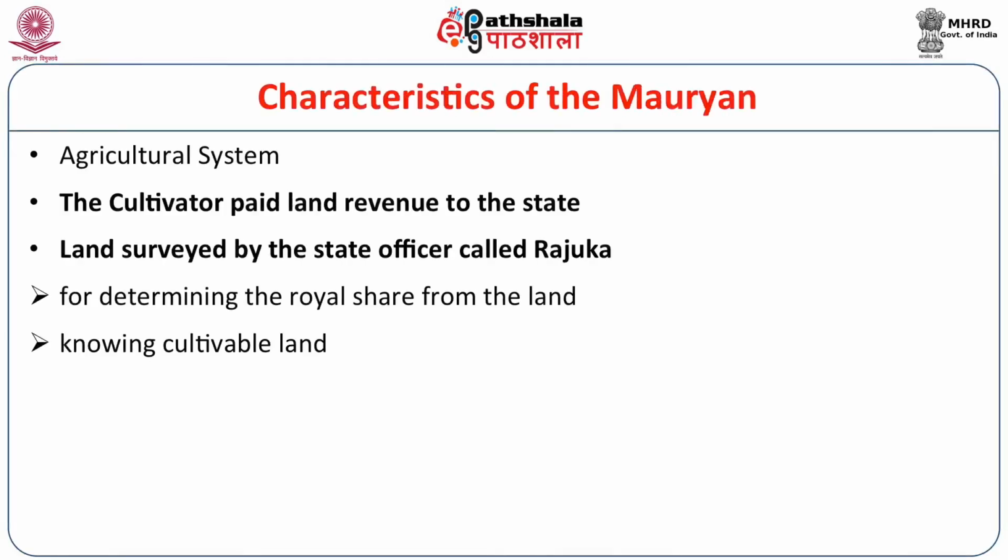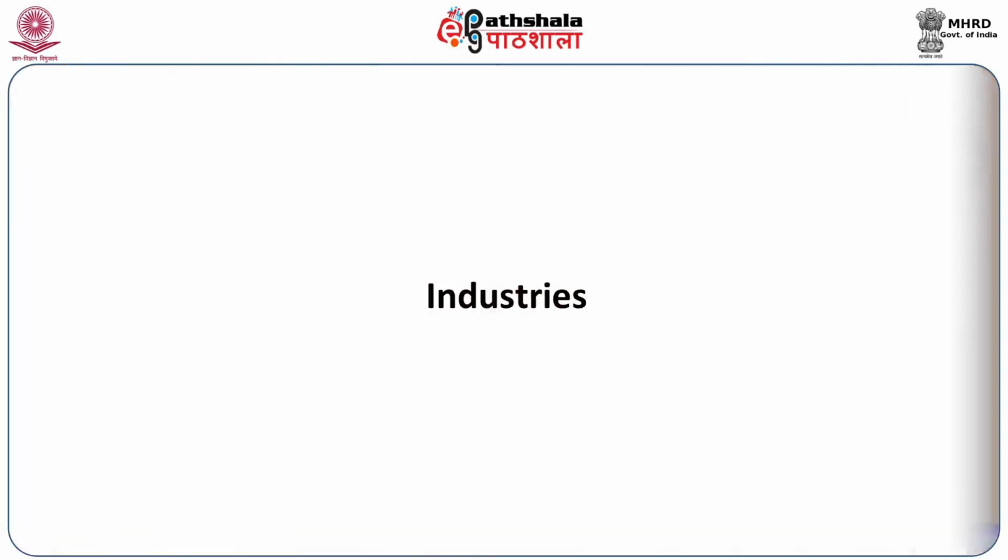What amount of land was lying, knowing cultivable land, how much land was cultivable. This was also taken into consideration so that land tax could be determined. So, these two constitute the major features of the Mauryan agricultural system.